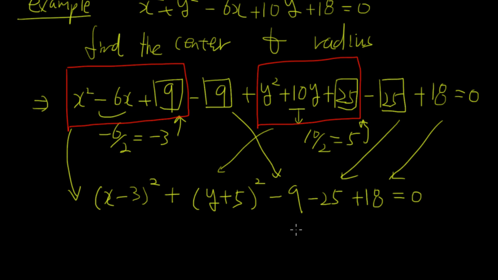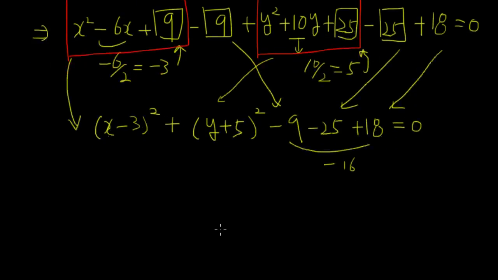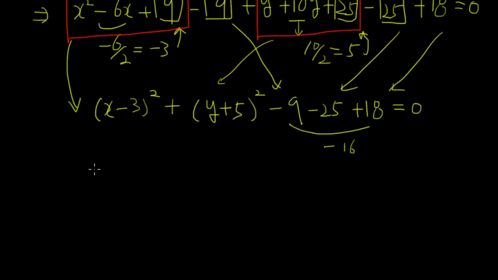What do we have now? Negative 9, negative 25 plus 18. What would that be? This would be negative 16. So if you rewrite it, x minus 3 squared plus y plus 5 squared equals, if I move 16 to the other side, plus 16, which is 4 squared.